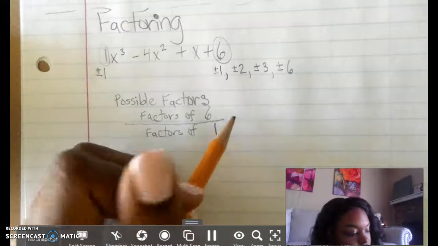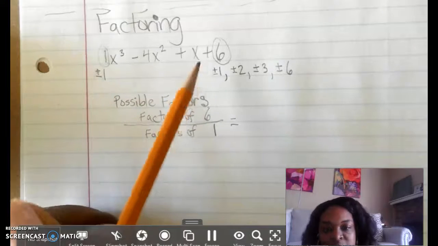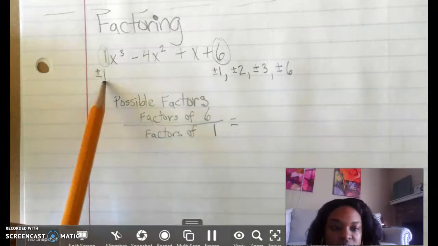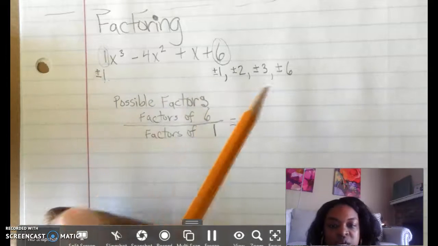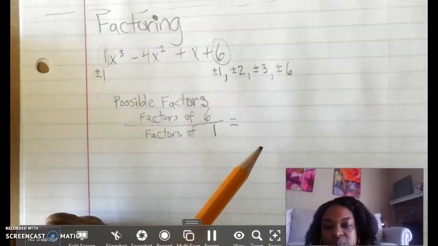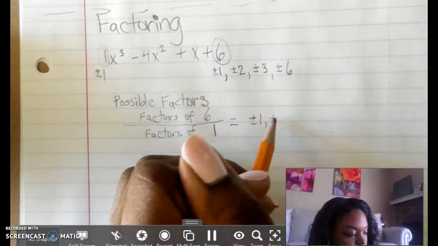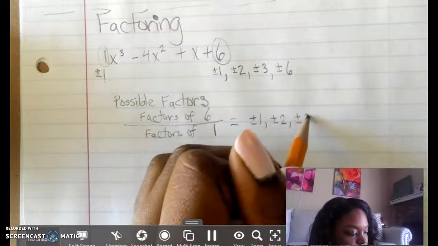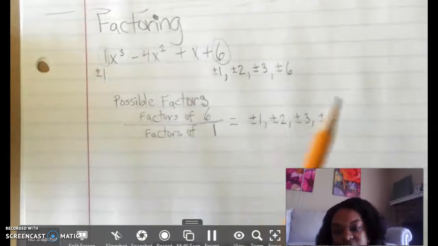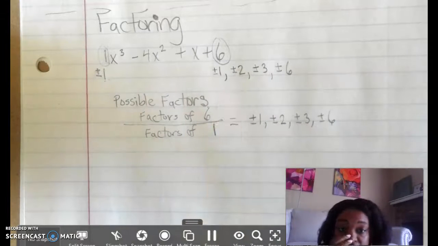And we're going to see what we get. So when we divide, we kind of got a lucky case here because 1 divided by 1 is still 1. 2 divided by 1 is still 2. 3 divided by 1 is still 3. 6 divided by 1 is still 6. So in this case, none of these numbers are going to change. So all of our possible factors are going to be the same as the factors of 6. Okay. So there are 8 different numbers here that I can try to be able to factor this polynomial.